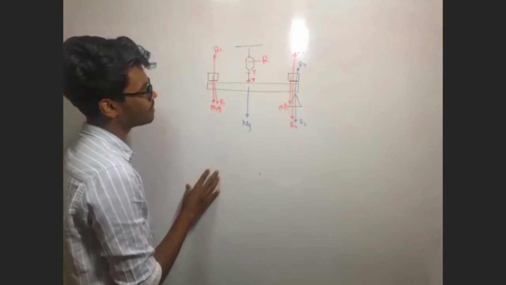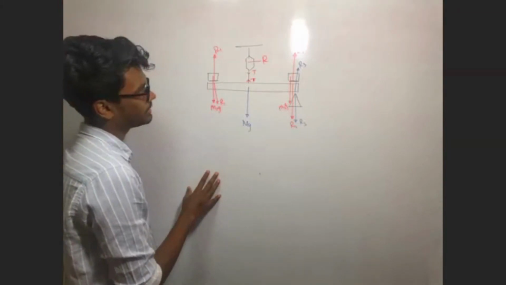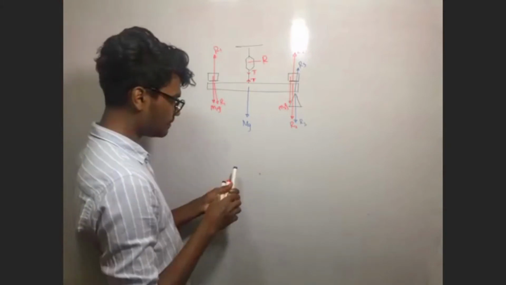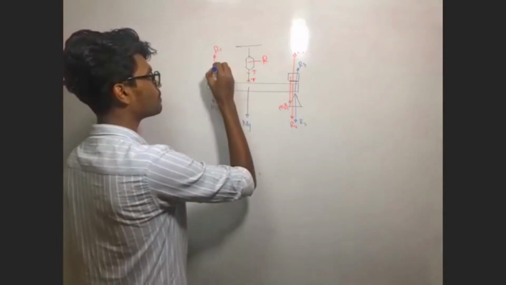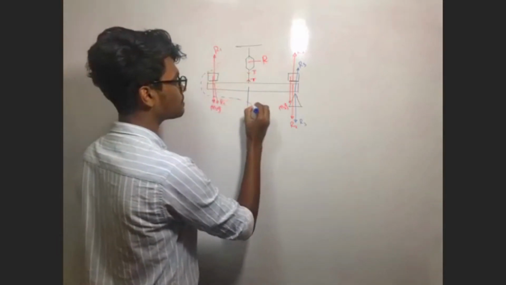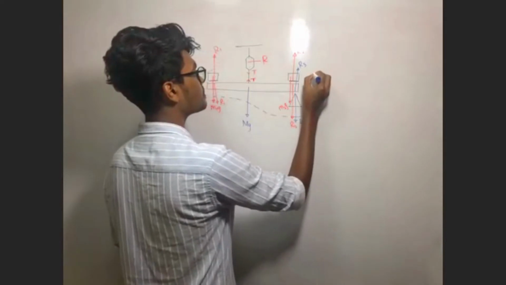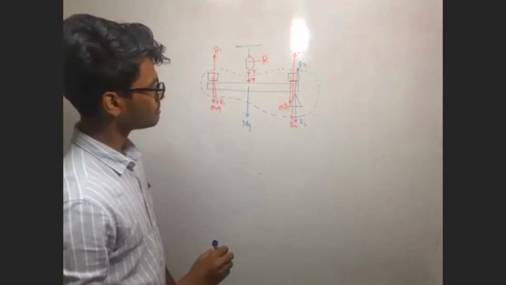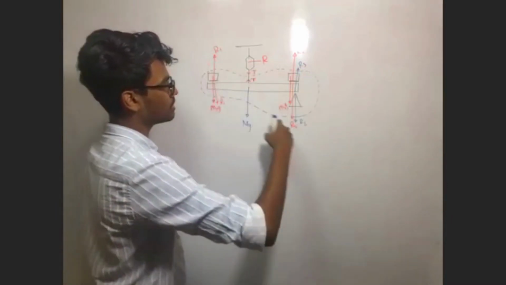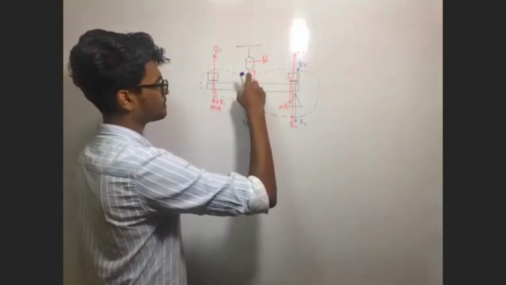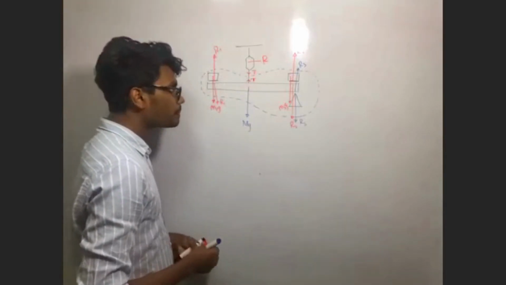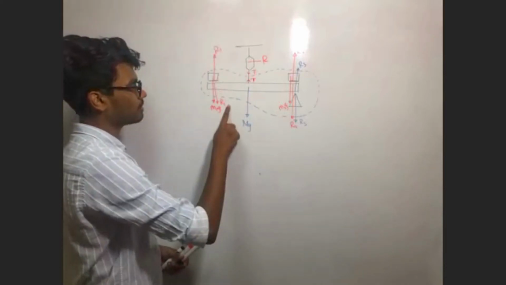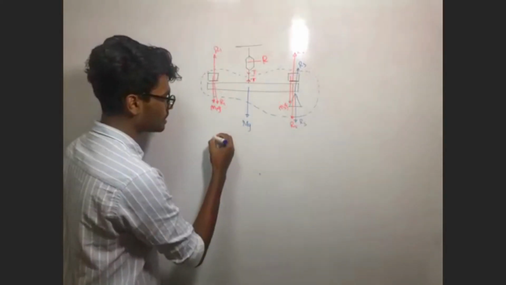What if we apply equilibrium for this system? Things are going to be pretty easy. R1 to R1 cancels out. So let us apply the upward equilibrium.